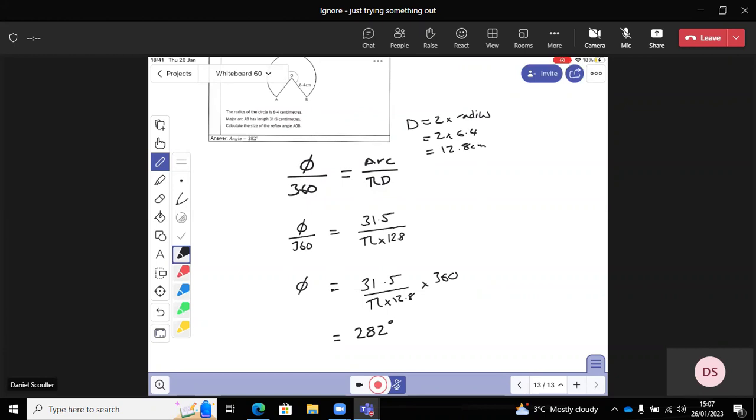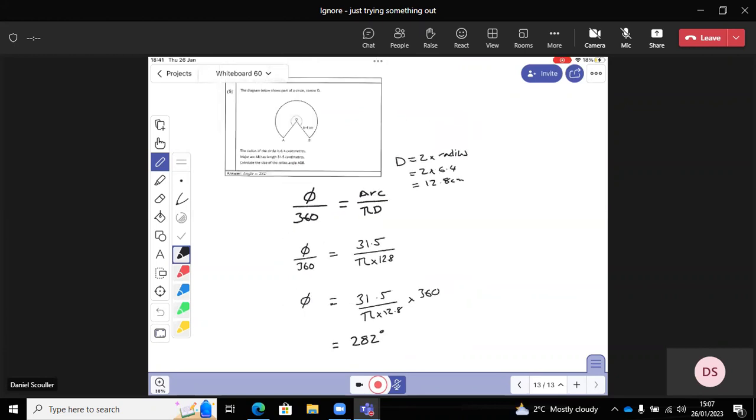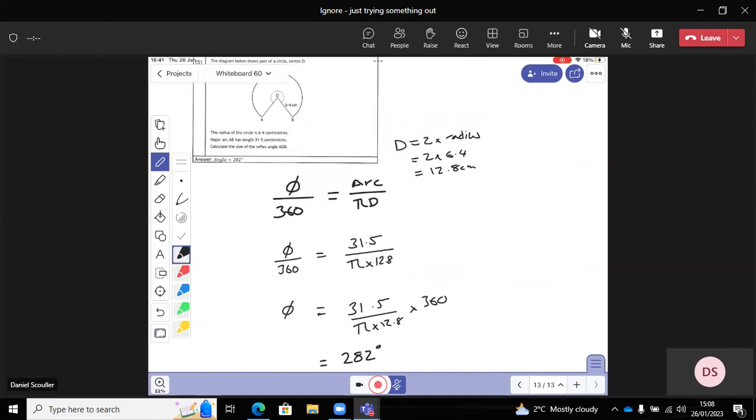It might just be the order you're putting it in your calculator. So make sure you're comfortable with putting that in your calculator to get 282 out. Nice one. Any questions? We good?